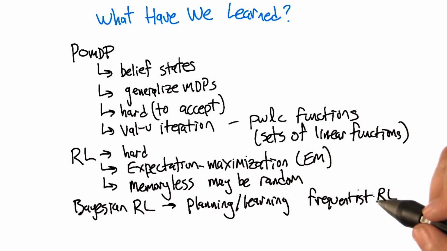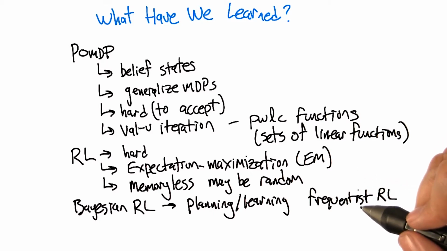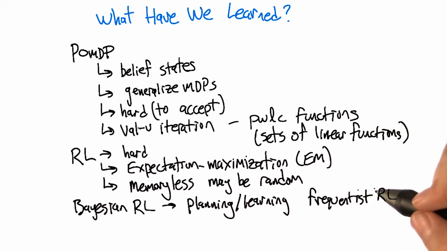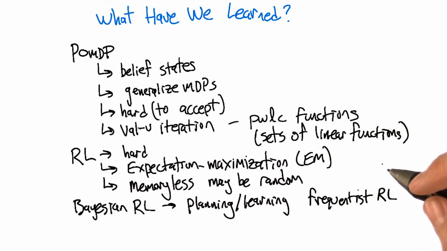Q-learning definitely has that flavor. Model-based RL, where you're estimating the parameters of the model from experience, tends to have that flavor. Okay, so now that we have Bayesian RL, it reveals the frequentist things that we had been doing in the past. I'm okay with that.